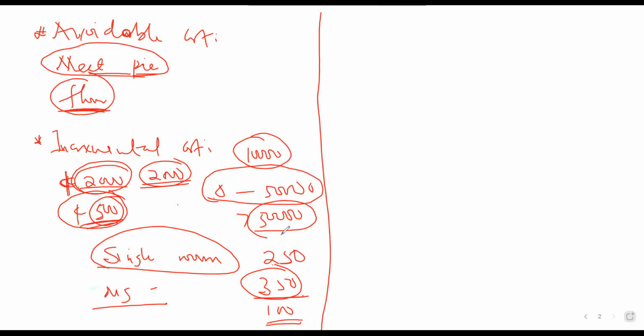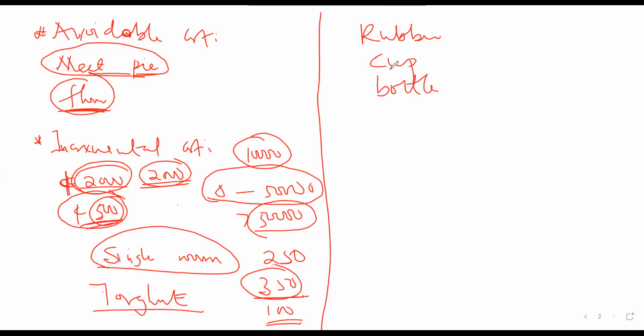What normally happens is that if you produce it, you just put it in a rubber. But what you want to do right now is to do it in a cup or in a bottle. Okay, in a bottle.